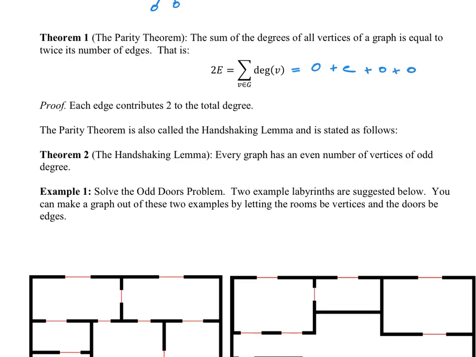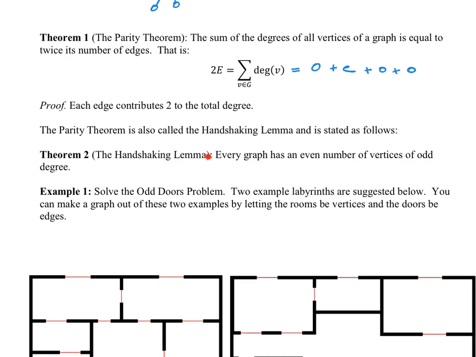If the graph had 4 vertices and this was the scenario, something wouldn't make sense, because the 3 odd degree vertices would make this total sum odd. But we have to get twice an integer. So this sum has to be even, and we can't have an odd number of odds.